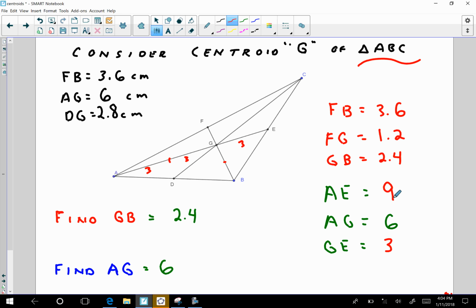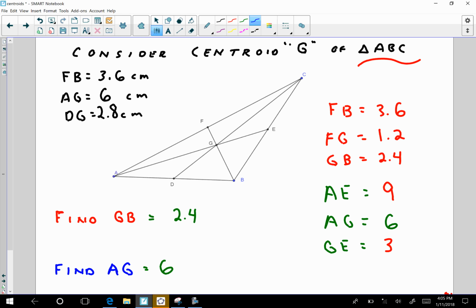If you need to pause the video, go ahead. I'm going to erase these numbers and clean my diagram up a bit. And then the last statement I have is that DG is 2.8.